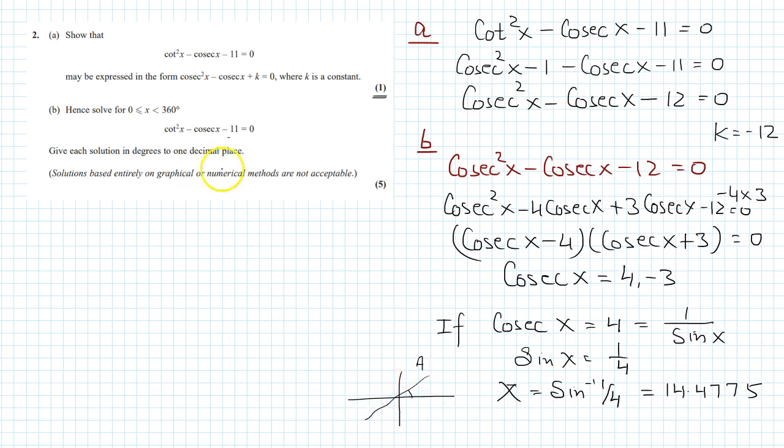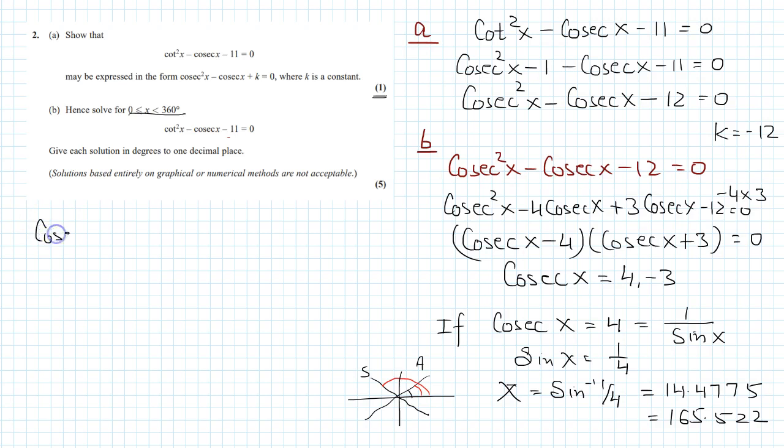We have the range from 0 to 360, and the ASTC diagram tells us this angle 14.477 and this angle, 180 minus, will be 165.522.